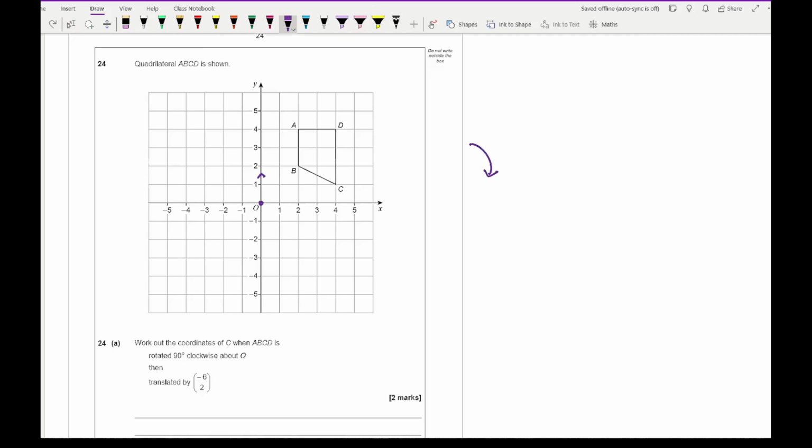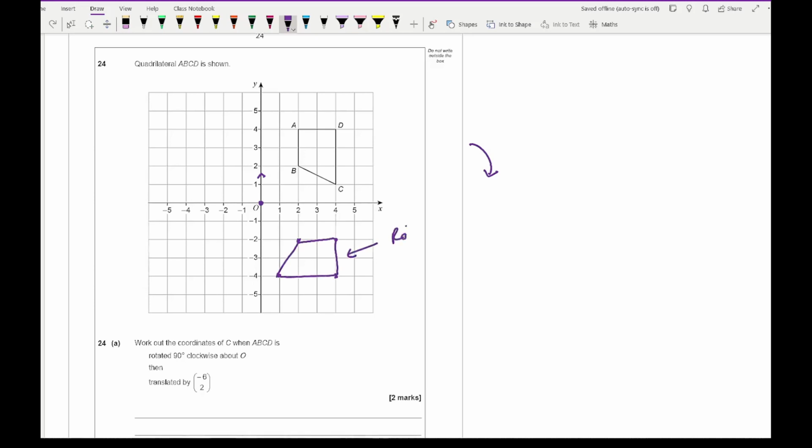Now for this, I would strongly recommend that you use tracing paper, in which if you do that, you should find that by rotating this shape ABCD 90 degrees clockwise, the shape is here.